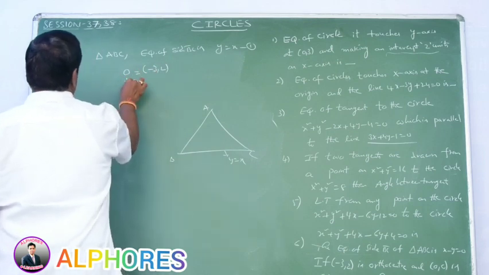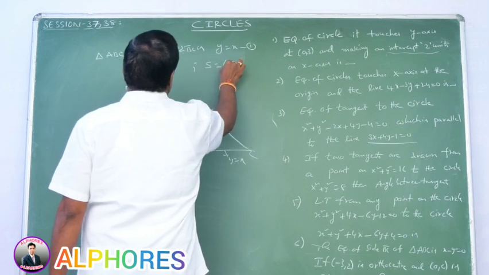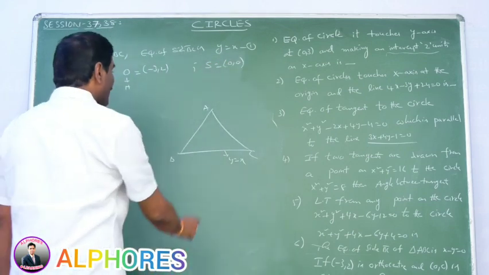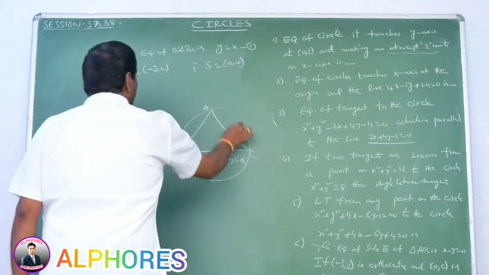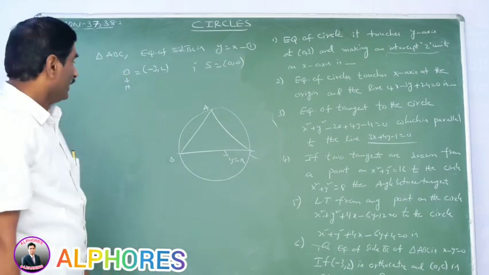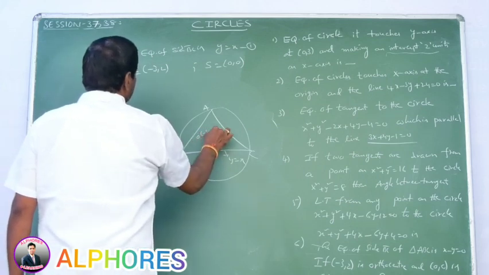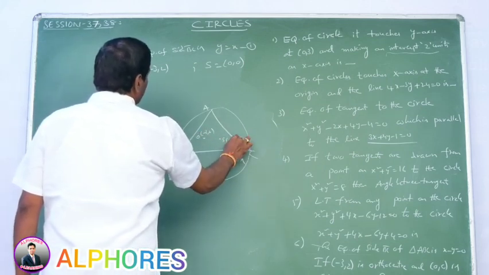This value is orthocenter, minus 3 comma 2, and circumcenter is S is equal to 0 comma 0. Then what is the radius of the circumcircle of this triangle ABC? Required value is circumradius of triangle ABC. Here orthocenter is minus 3 comma 2, circumcenter is 0 comma 0.